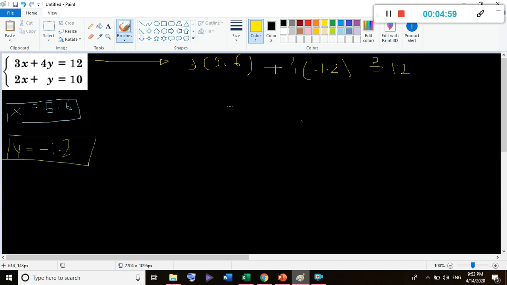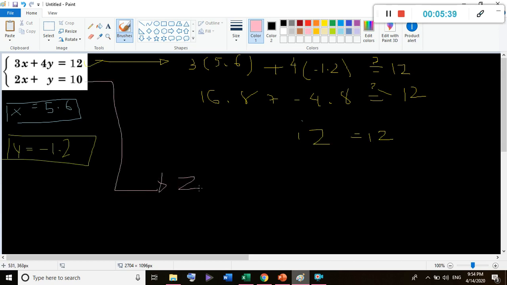Let's use our calculators. 3 times 5.6 is equal to 16.8, and 4 times negative 1.2 is equal to minus 4.8. Is this equal to 12? So it's going to be 16.8 minus 4.8, which is equal to 12. So it satisfies the first equation. Let's check the second equation.